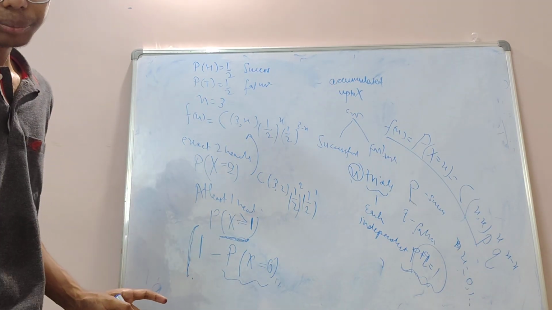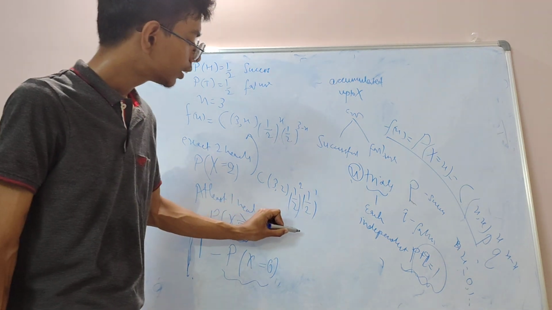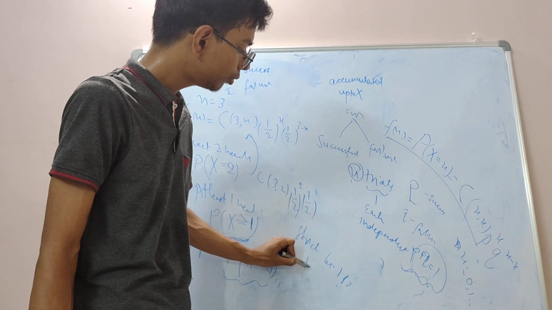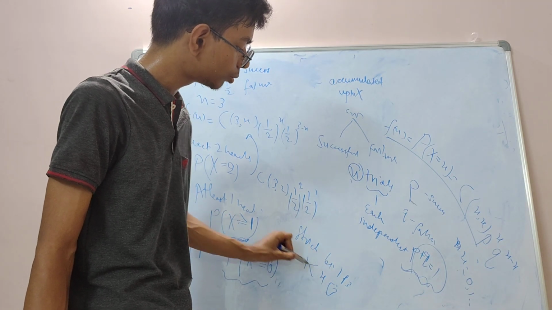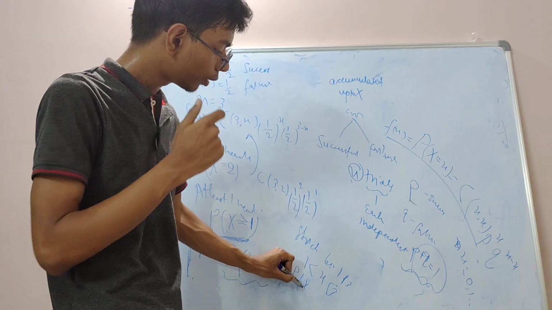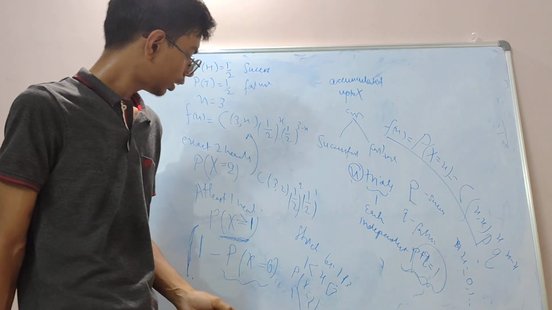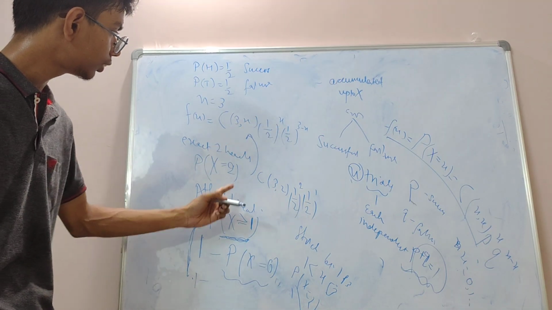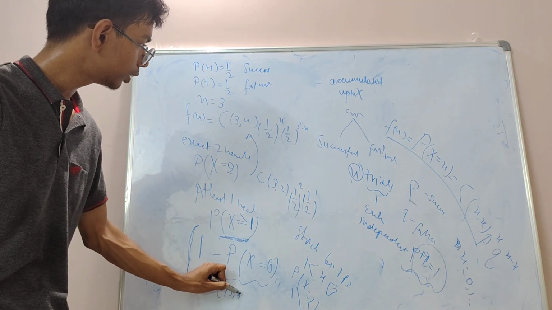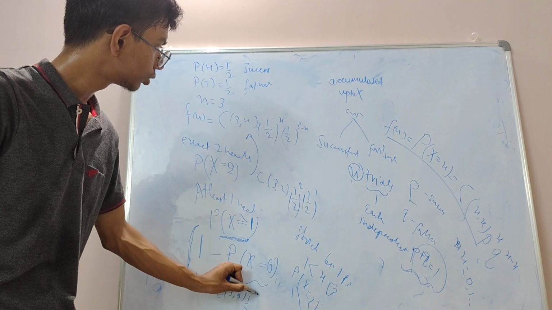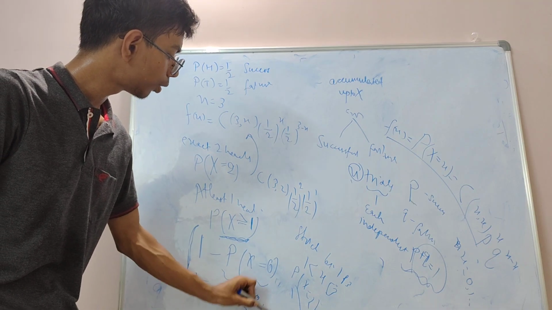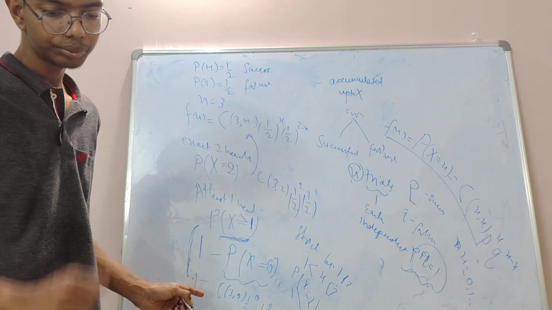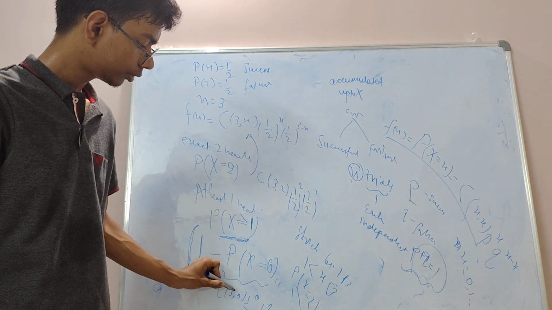And for strictly between 1 and 3, x is 2, so it is asking for getting 2 heads, and this will be my answer. How will I find this? I put 0 here and write it: (1/2) to the power 0 and (1/2) to the power 3.